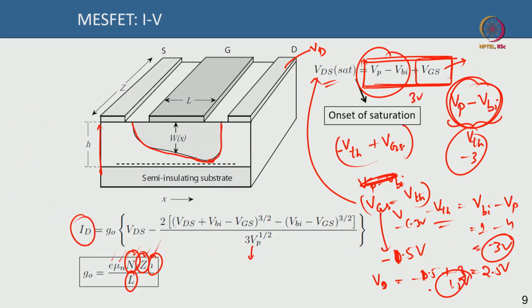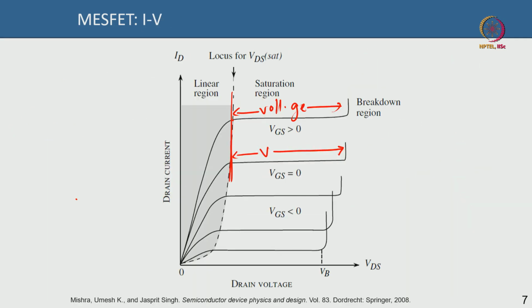You see here the saturation is here, here, here, here. This saturation point actually follows this square law. This could be minus 1.5 volt, this could be minus 0.5 volt, just giving an example. You see the saturation is happening here, whereas for this the saturation is happening here. So, the saturation happens at a larger drain voltage when your gate voltage is larger.